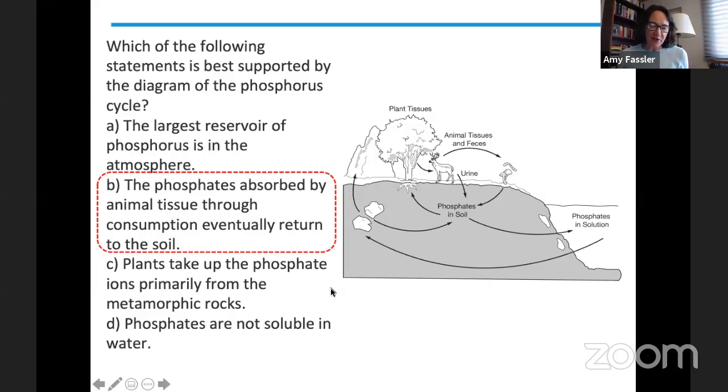You intuitively should have known that based on our review, but certainly the diagram depicts that. Notice there is no atmosphere shown, and that's something we probably remember about the phosphorus cycle. Plants cannot take the phosphorus up from the rock directly. That rock first has to break down or weather. That's why it's so slow. And phosphates are soluble in water because they show them here in solution.